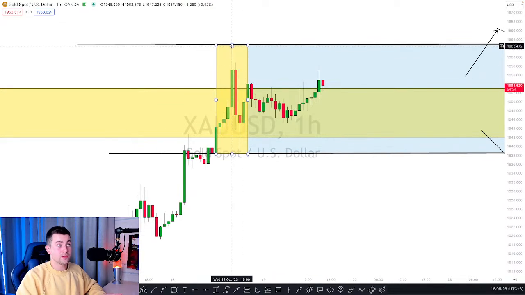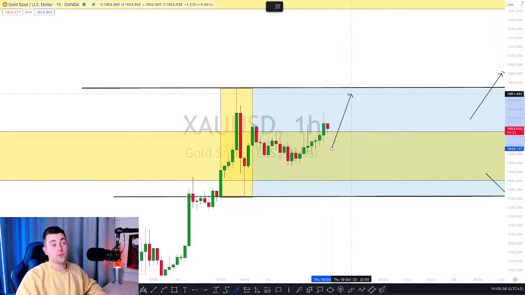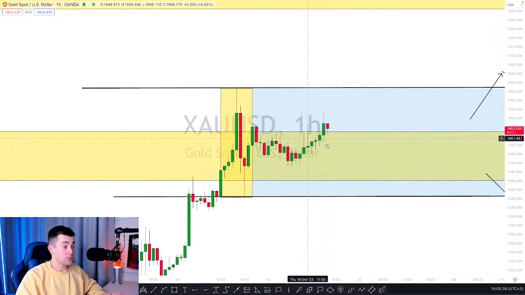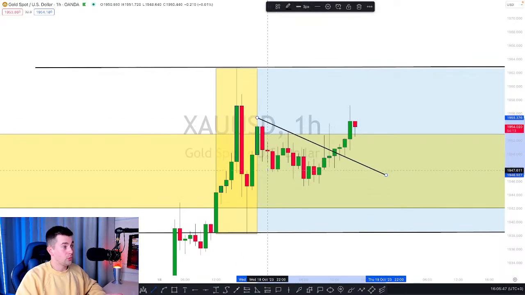We reached its upper boundary, dropped, reached the support, and now we are growing. Of course, before the news, we can easily anticipate that the market will reach the upper boundary of the range. And today, in the morning, during the London session, we even got a strong bullish confirmation right here.